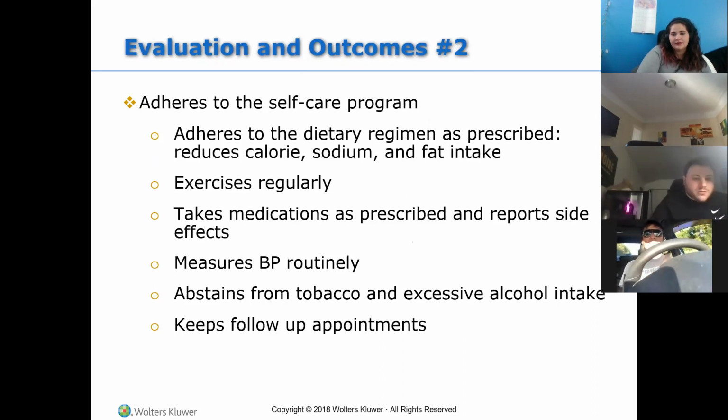Yeah, it says keep follow-up appointments. It's the same thing as heart failure where the rehospitalization rate is really high. You want them to have all the information they need so they don't have to be rehospitalized, they follow up and everything. When you keep your appointments, that makes sure that everything continues to be monitored properly. It also usually maintains their regimen.